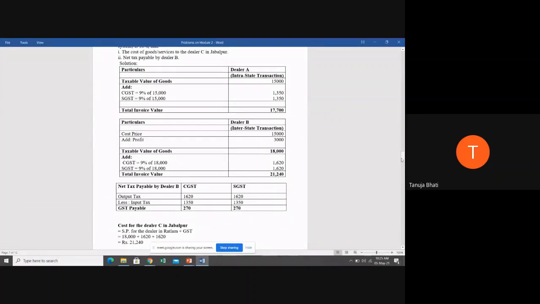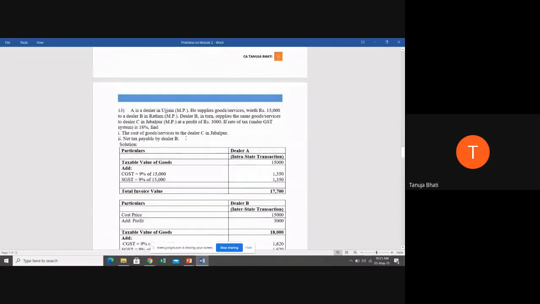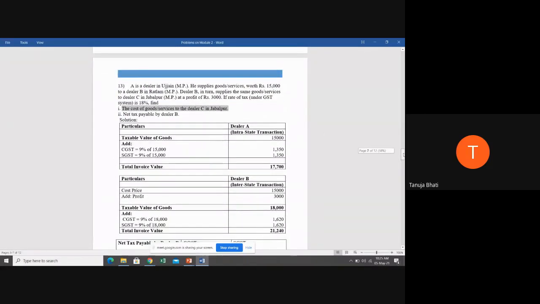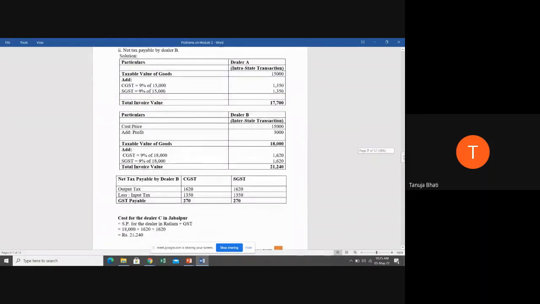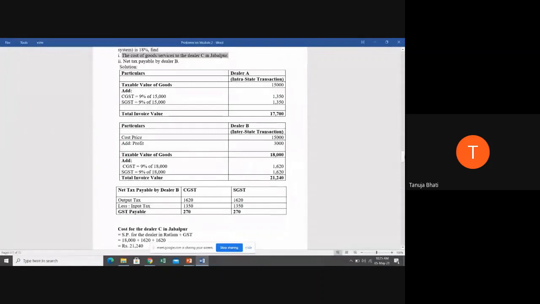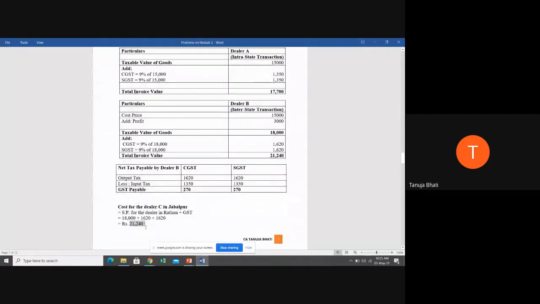And the next part of the problem is they are asking the cost of goods and services to dealer C in Jabalpur. Now, what is the cost of goods and services to dealer C in Jabalpur? Dealer C in Jabalpur has to pay the total invoice value of 21,240. So the total cost to dealer C of Jabalpur will be 21,240.